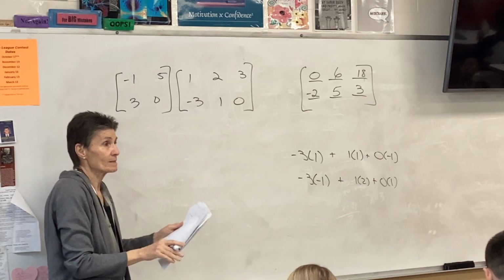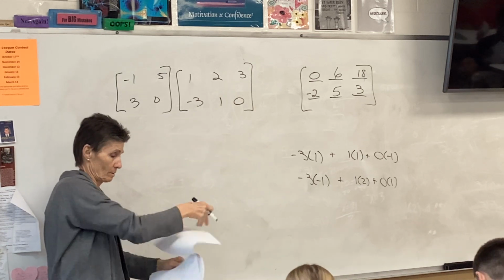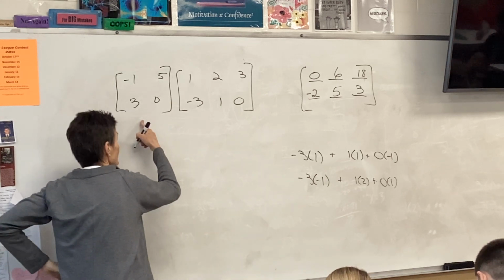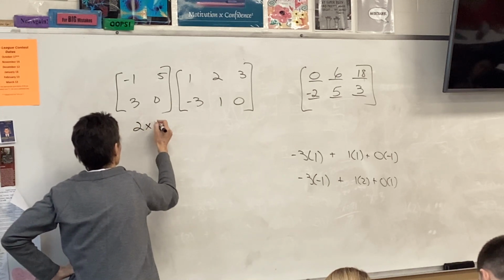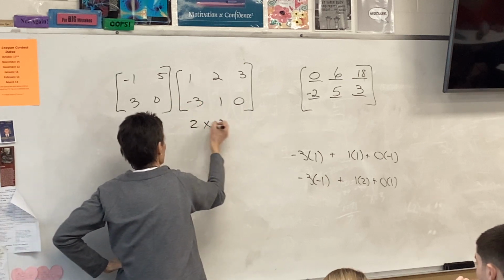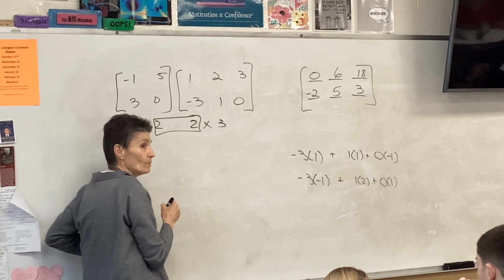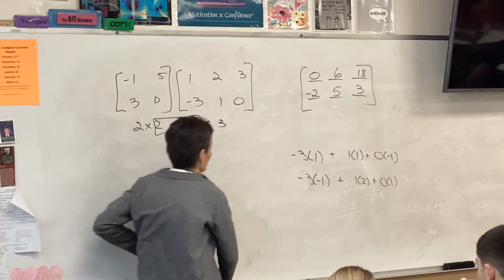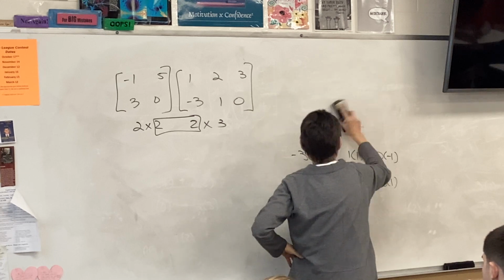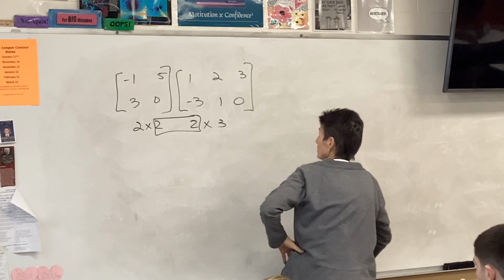What do you think? What are your dimensions here? 2 rows, 2 columns. And here? 2 rows, 3 columns. I think you can do it. And the answer is going to be one that looks just like this, another 2 by 3.